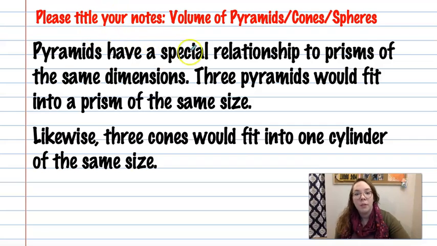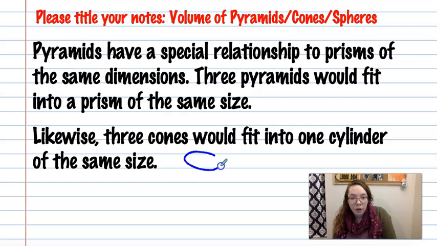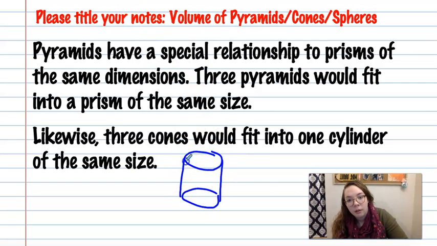So pyramids have a special relationship to prisms of the same dimensions. Three pyramids would fit into a prism of the same size. Very similarly, three cones would fit into one cylinder of the same size. If I draw a rough sketch here, if I have a cylinder, you can almost see the three cones in there.